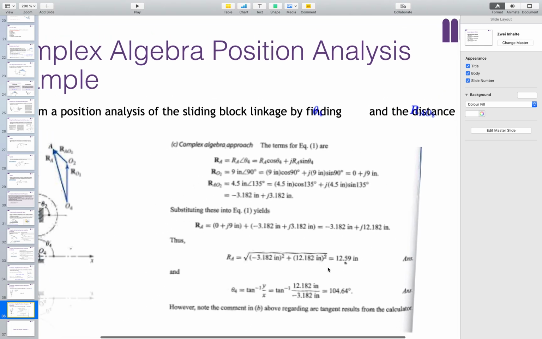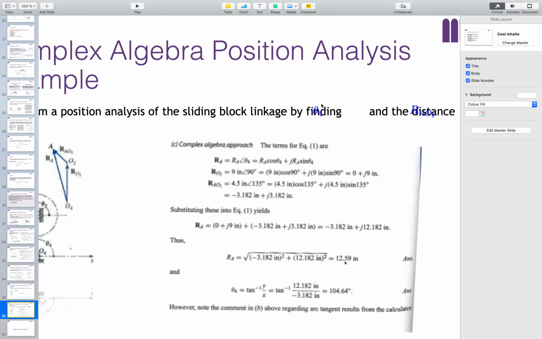And of course I can now get the magnitude, and I can get the orientation by taking the arctan of y over x, which is basically the imaginary over the real.